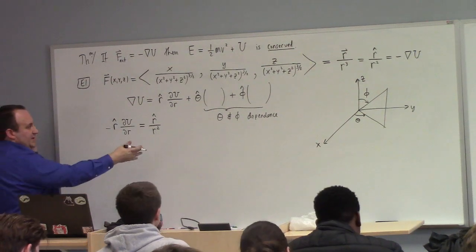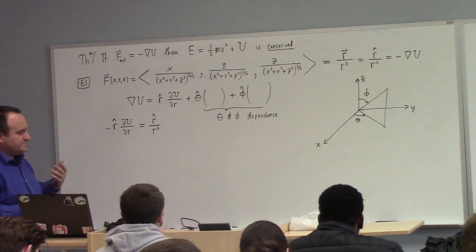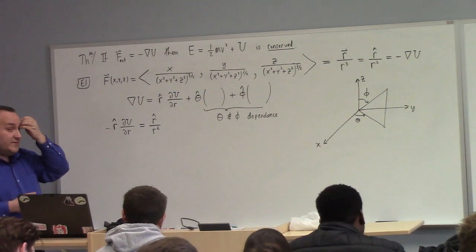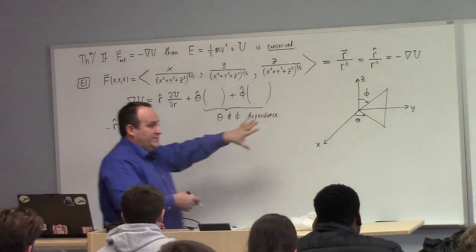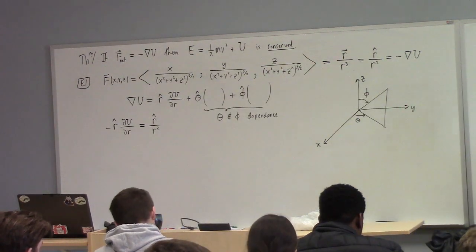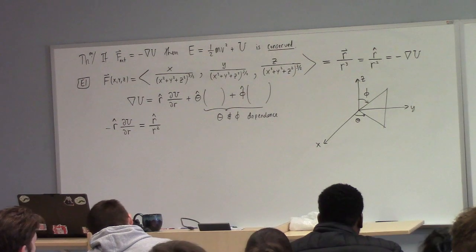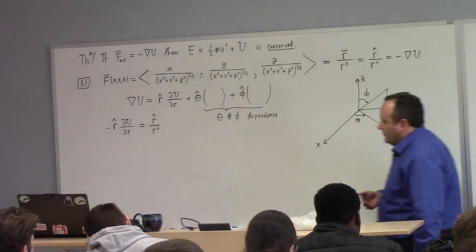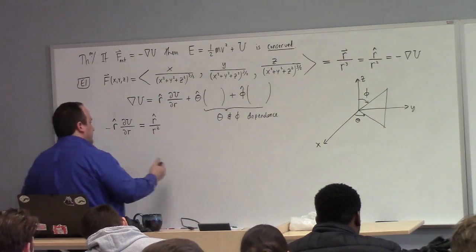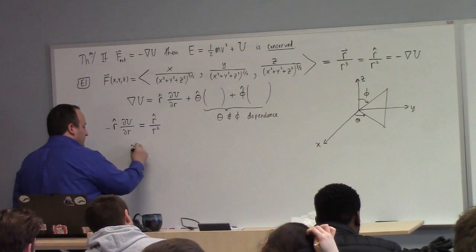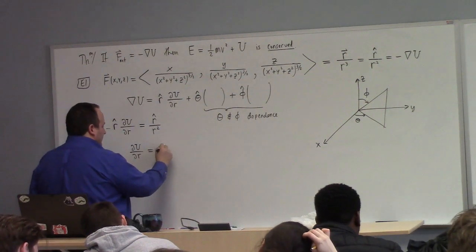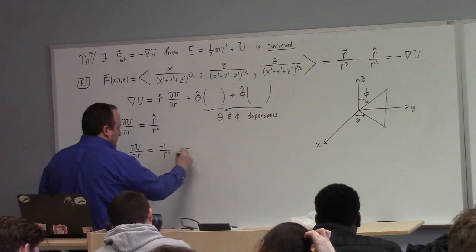That's what we're trying to solve, because this is a spherically symmetric force field that's got no dependence on the choice of angle. It's the same in all different directions. There should be no theta or phi dependence to the potential. And so really, it's just a calculus 1 problem. We're just trying to solve partial u partial r equals minus 1 over r squared.